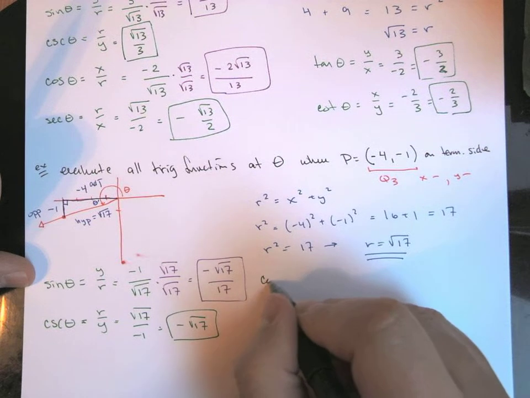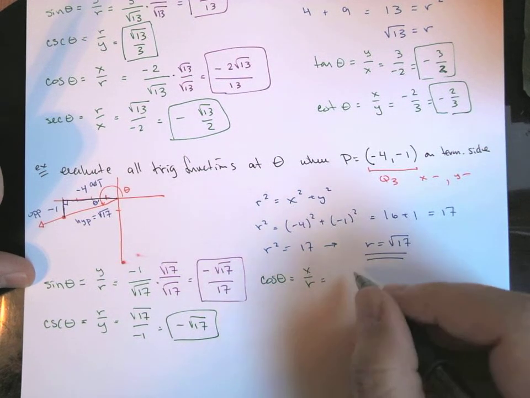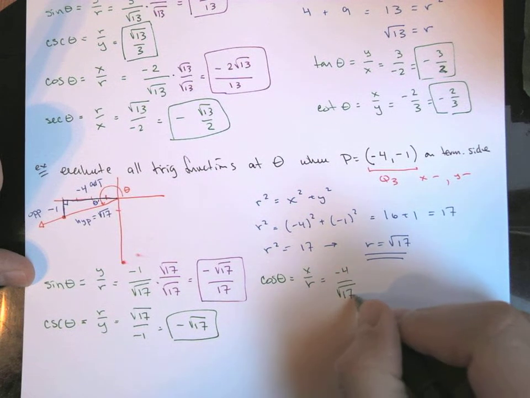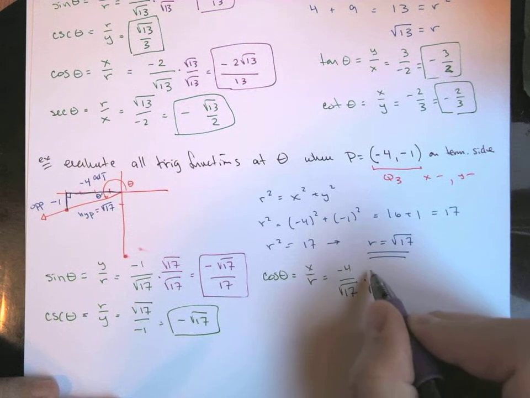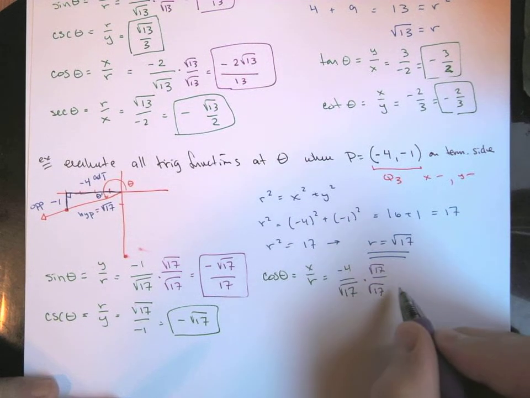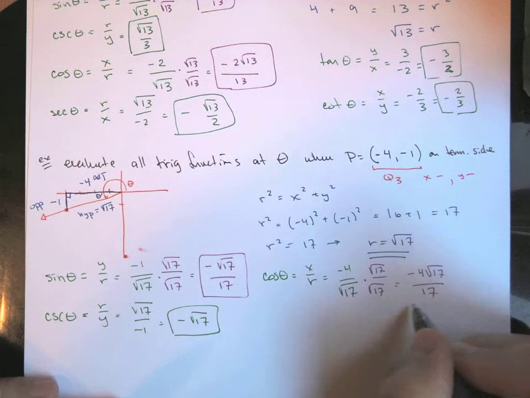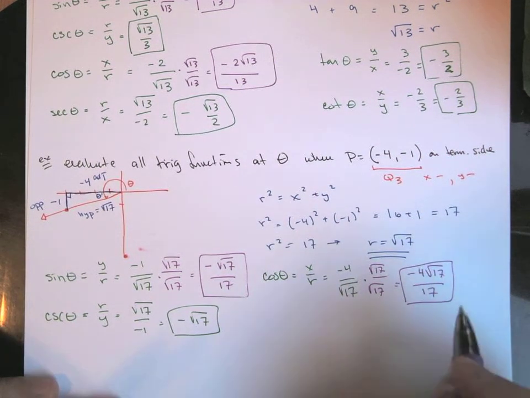Good to go. Cosine theta, x over r, my x now is my negative 4. A similar kind of pattern, right, over the root. We're sort of starting to see these enough that this pattern becomes pretty clear. We'll, of course, keep putting the full workout here for our notes, but we kind of know we're going to expect negative 4 root 17 over 17.